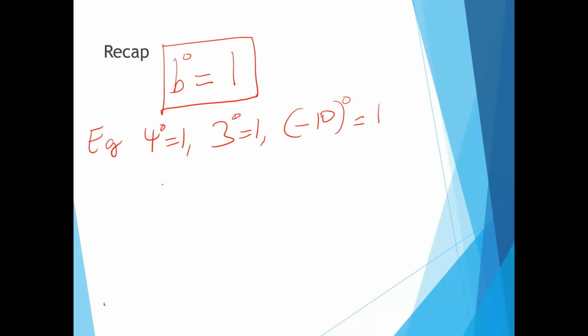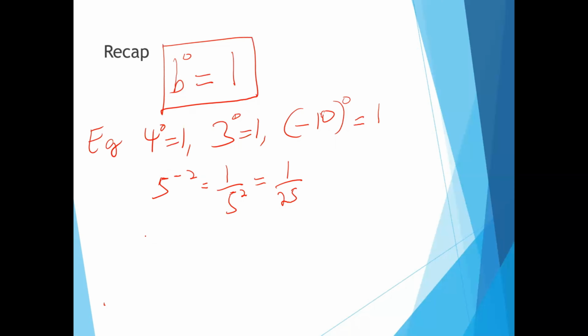And then we also moved on to other aspects where we saw that maybe 5 raised to the power minus 2 also gives us 1 over 5 squared. So the negative here became positive, and so you can write 1 over 25.